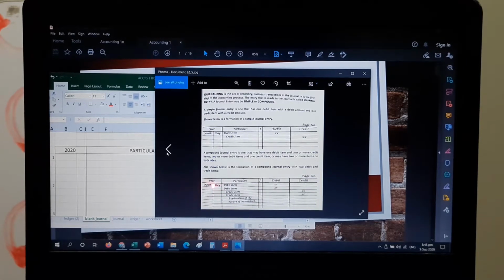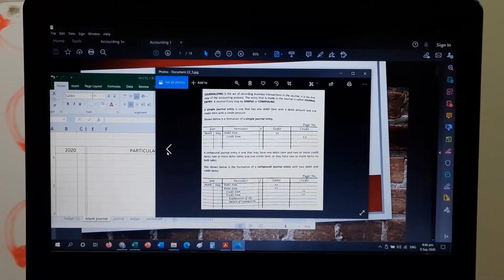In this example, we have 2 debits and 2 credits. You could also have a compound journal entry if you have 2 debits and 1 credit, or at least 2 credits and 1 debit. Either of the 3 will still be considered a compound journal entry.